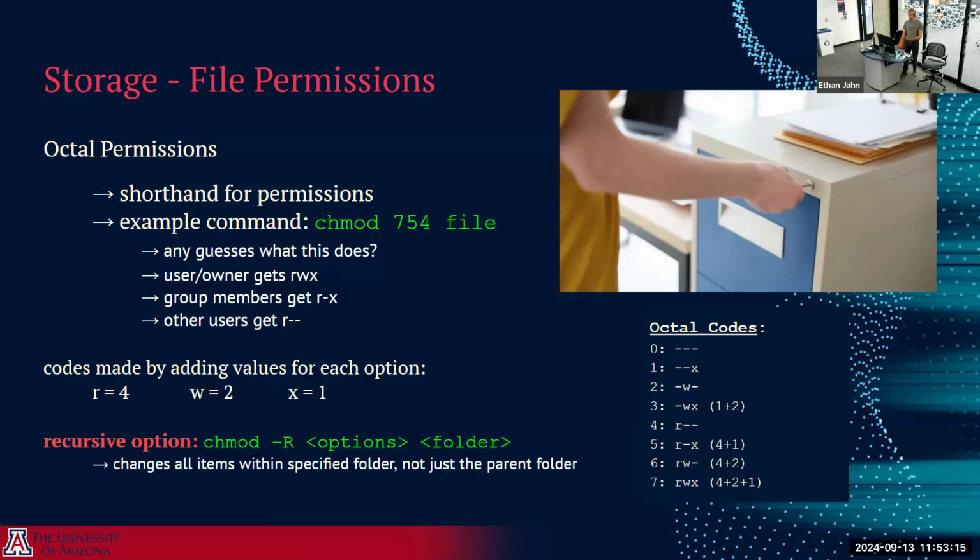That would change all of the items within a specified folder and not just the parent folder. And if this is a folder that contains a very large number of files and subdirectories, it can take a very long time to execute this command. Say if you have thousands or millions of files, that can take hours to execute. So it's important to be aware of that.